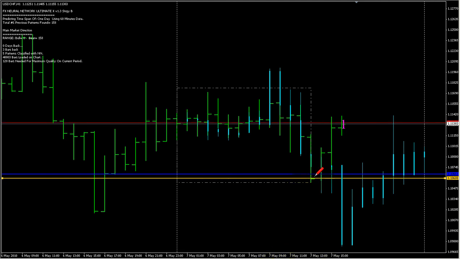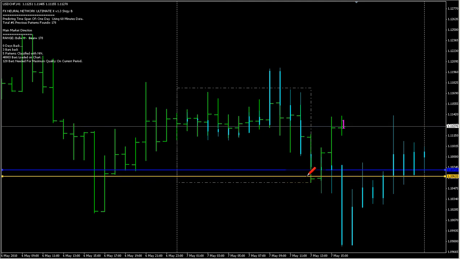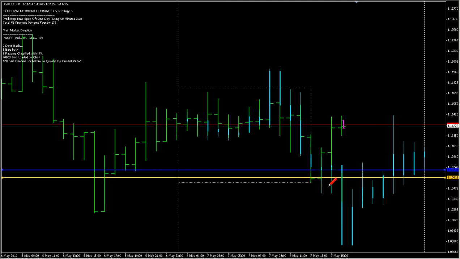The other demo trade on the USD Swiss was at 1071, which was about there, and the exit was at 61.8, which is about there. So they all worked out just fine.